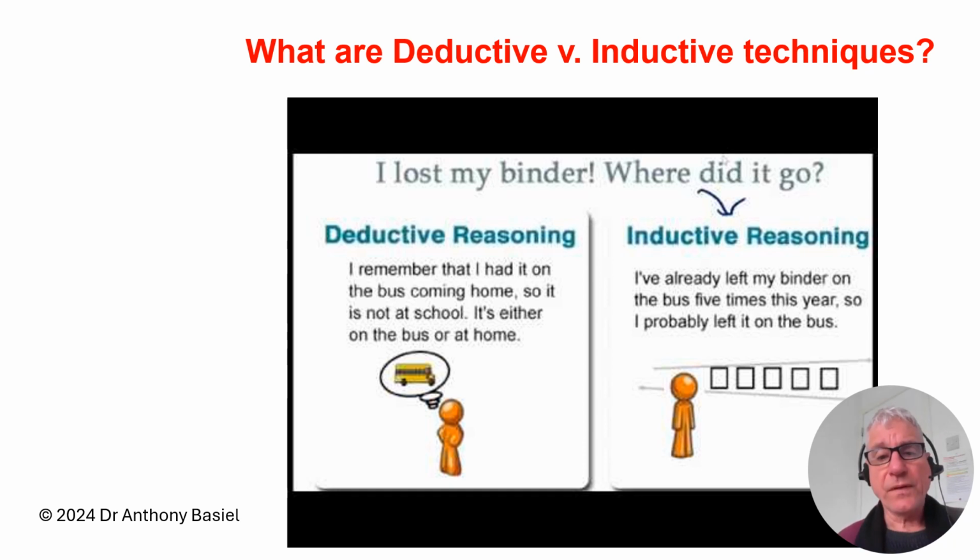Here you're saying, I've already left my binder on the bus 5 times this year, so I probably left it on the bus. All right, so you can see the difference in the way you're thinking about the same problem between deductive, starting with theory, and inductive, starting with that observation.